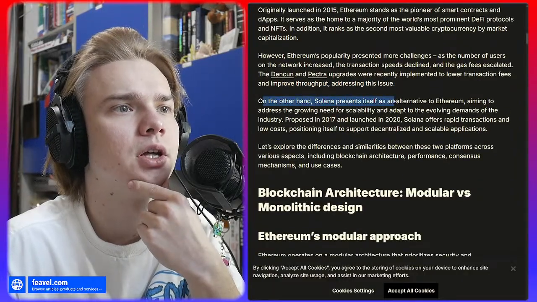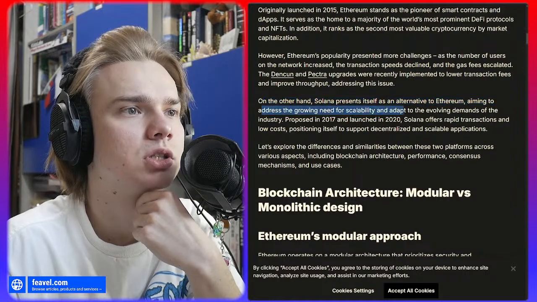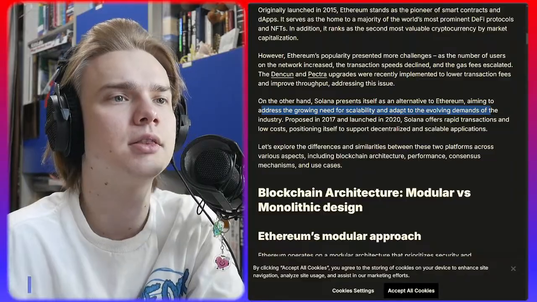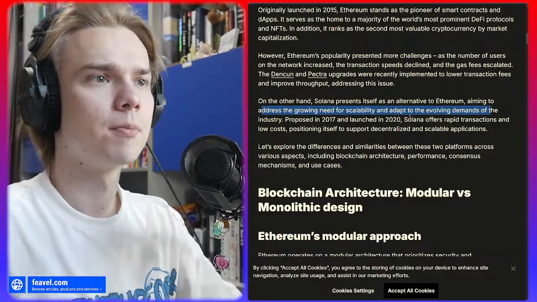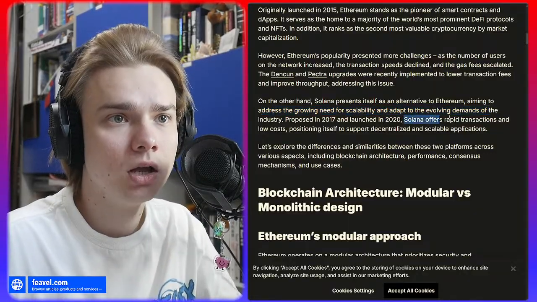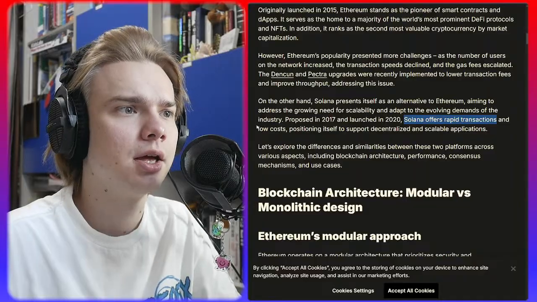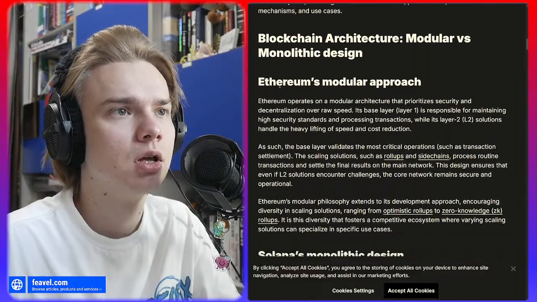On the other hand, Solana presents itself as an alternative to Ethereum, aiming to address the growing need for scalability and adapt to the evolving demands of the industry. Proposed in 2017 and launched in 2020, Solana offers rapid transactions and low costs, positioning itself to support decentralized and scalable applications.